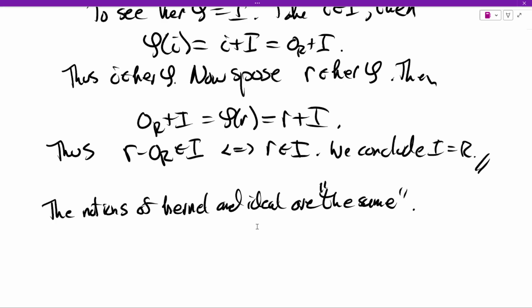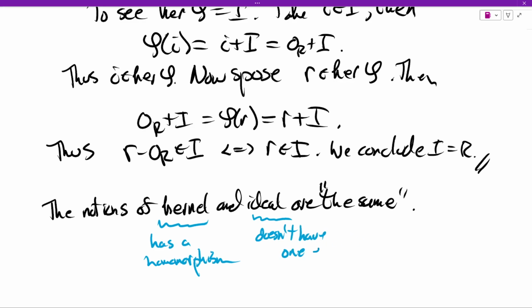So it's not like they're the same necessarily, because there is a difference between them. In particular, the kernel itself already has a homomorphism as part of the data of giving a kernel, whereas an ideal does not have a homomorphism explicitly given. This one has a homomorphism explicitly given.